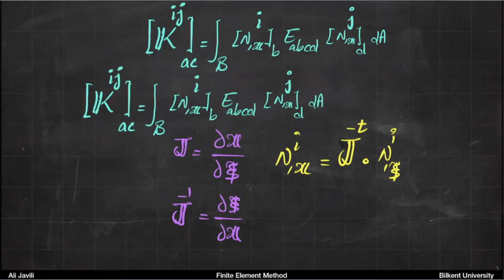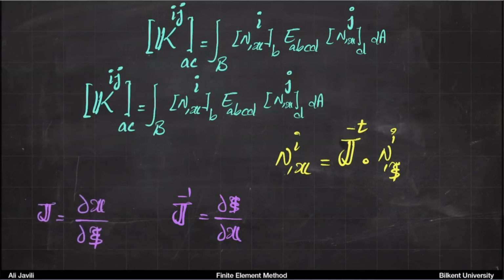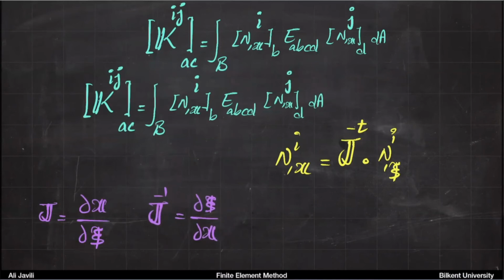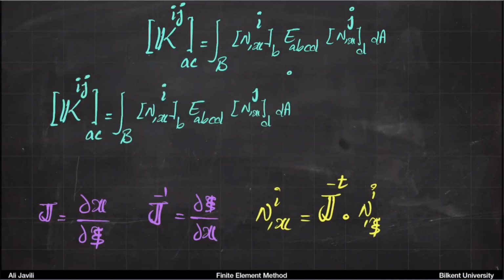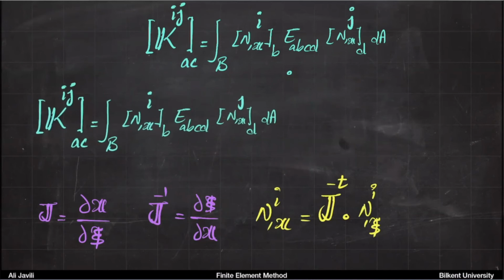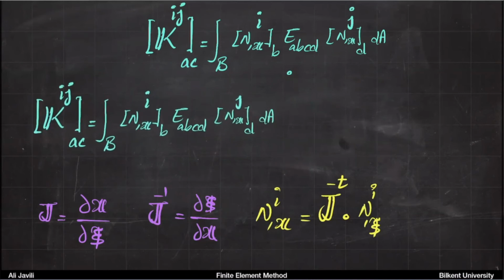Remember, the Jacobian is just the derivative of x with respect to c, and its inverse is simply its inverse, and we just got this yellow equation. Okay, so using this, we can expand our green equation.